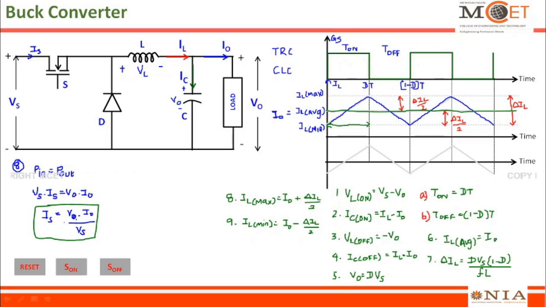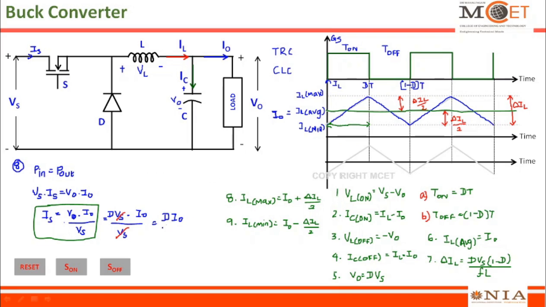We can replace V0, which is nothing but D into Vs, from expression 5. Once I replace V0 with D into Vs, I get D into Vs into I0 by Vs. The Vs and Vs get cancelled, and finally we are left with D into I0, which is equal to Is.